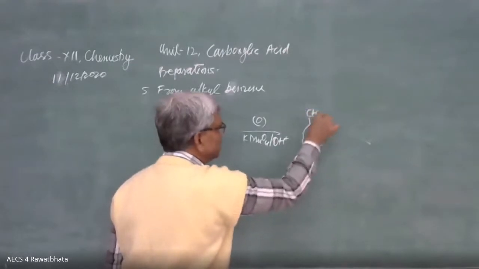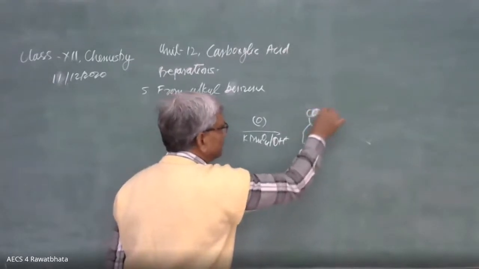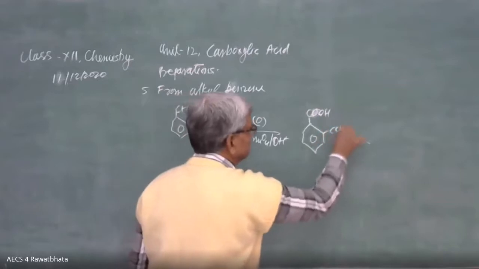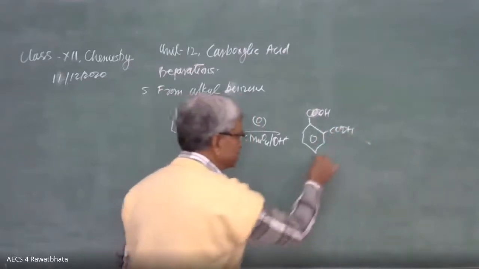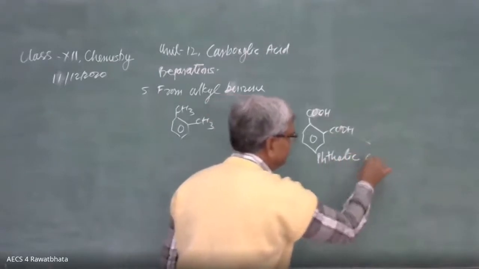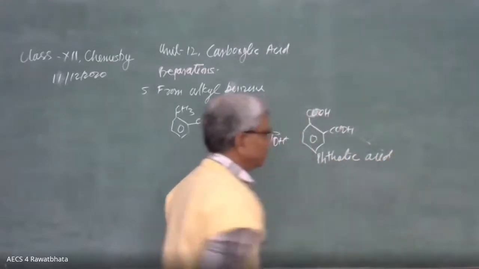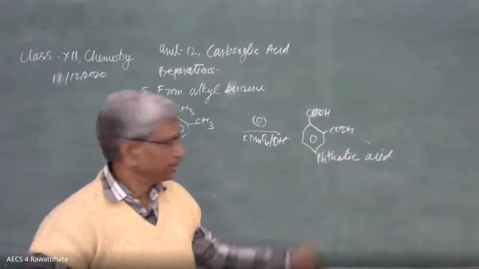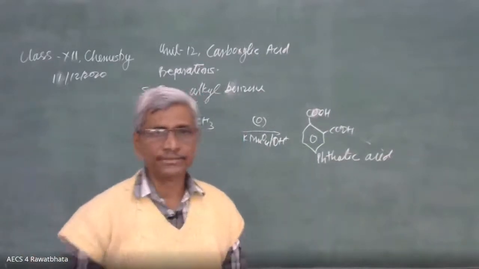Here is CH3, here is COOH, and here is COOH. We get phthalic acid. P is silent. We pronounce it as phthalic acid.